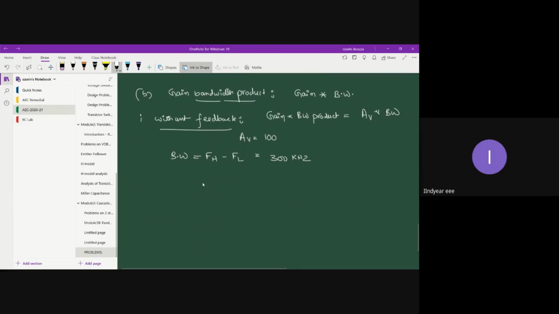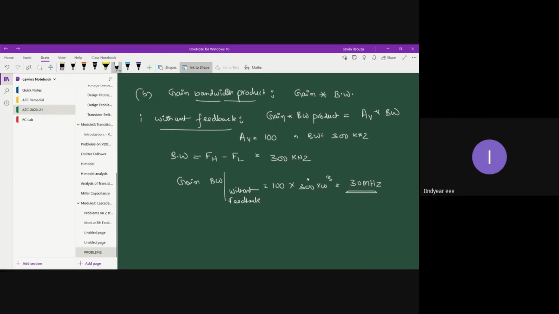So let's calculate the gain bandwidth product. Gain bandwidth without feedback is equal to AV, which is 100, into bandwidth, which is given as 300 kilohertz, into 10 to the power 3. Okay, so it is 100 into 300 kilohertz, that is 30 megahertz.